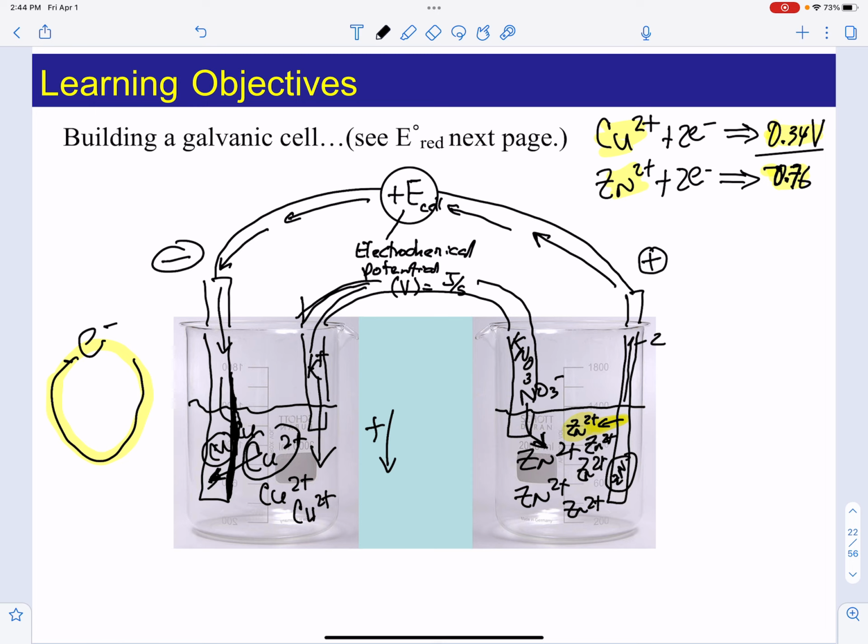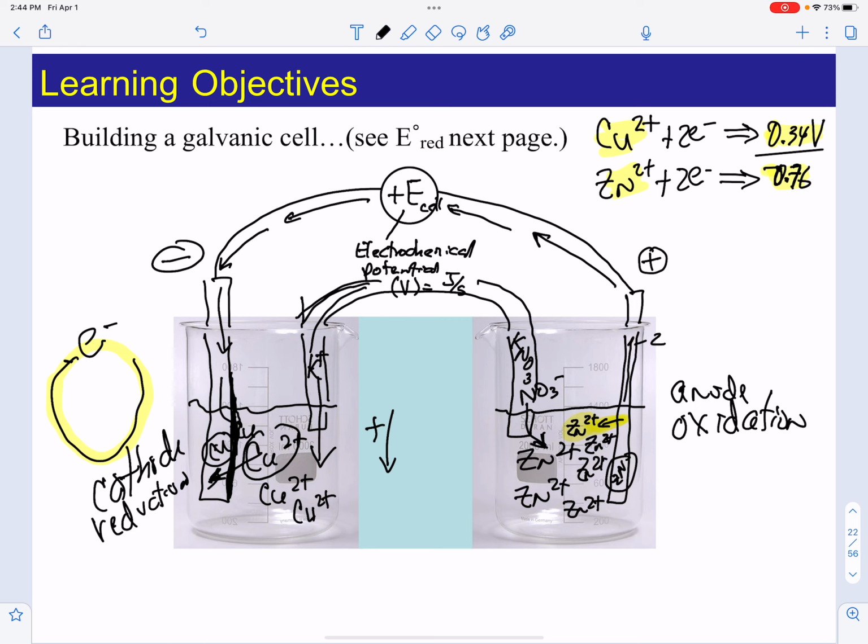So we talked about the cathode, where the reduction happens. We talked about the anode, where the oxidation happens. And all we have left to do is to calculate what would be the voltage of this cell.